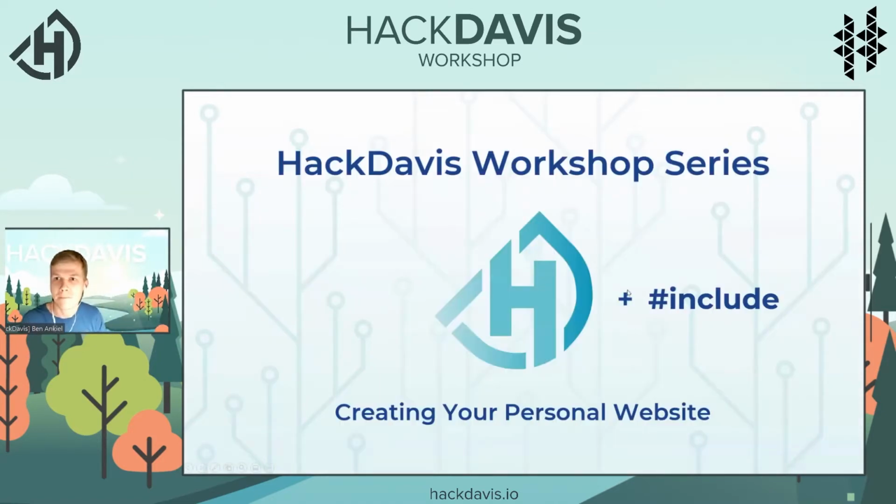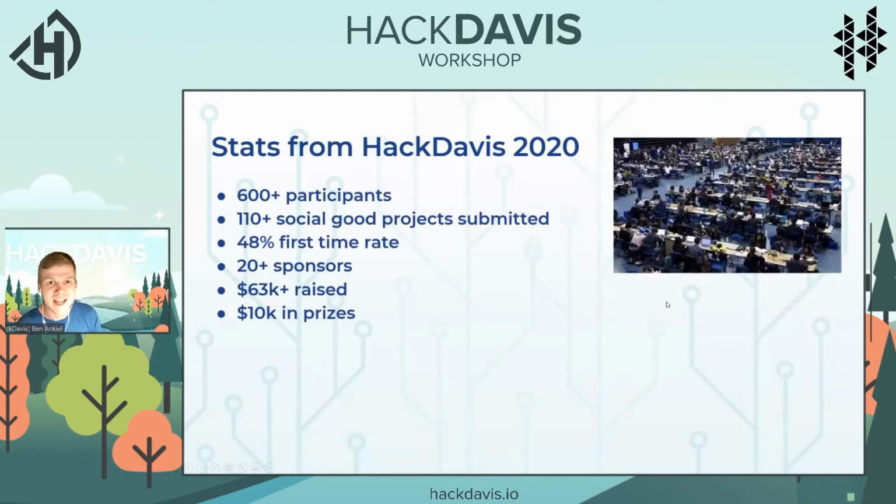And so just a little bit of stats from last year's HackDavis is that we had over 600 participants. We had 110 social good projects submitted, which is super awesome. So that's probably an average of 3 or 4 people per group. So a lot of people submitted, which is really awesome. That's what we love to see. And it was actually a 48% first time rate. So 48% of people who attended HackDavis last year, that was their first hackathon.